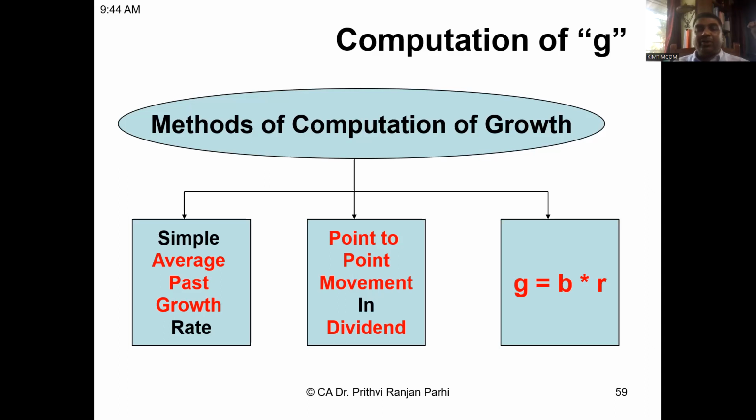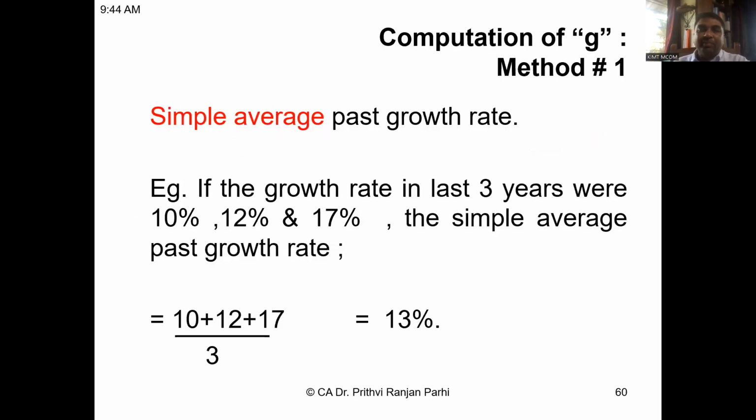Second is the point-to-point movement in dividend, by seeing how dividend is moving from one point to another point, we'll be able to compute the growth rate. Third is that B into R, where B stands for retention ratio and R stands for return on equity. So retention ratio multiplied with return on equity will be able to compute growth rate. All these things we'll be discussing one by one.